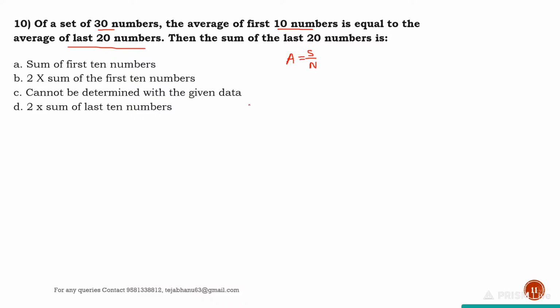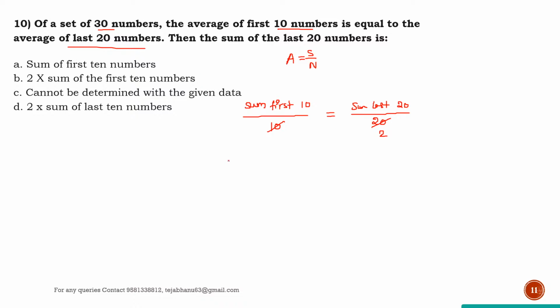So the sum of the first 10 by 10 is equal to the sum of the last 20 numbers by 20. This will go twice.